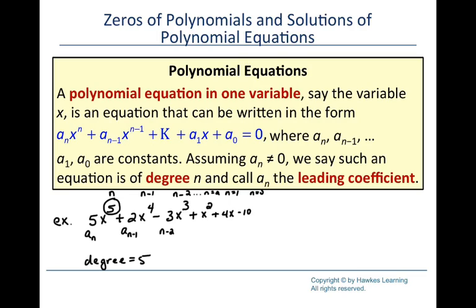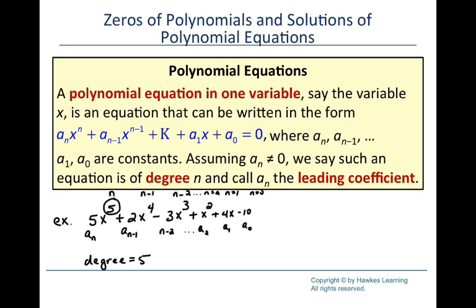And then 1 is your coefficient in front of your x squared, where n is 2. 4 is your coefficient in front of your n equals 1 term. And minus 10 is your last, a sub 0. So this negative 10 is a sub 0. Then this one is a sub 1. And the 1 is your a sub 2.